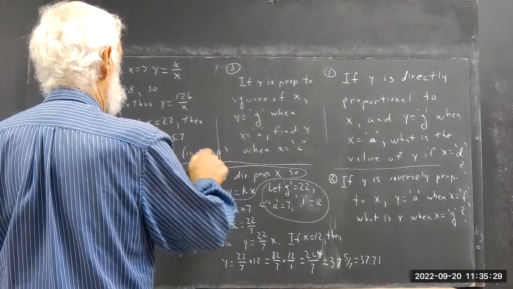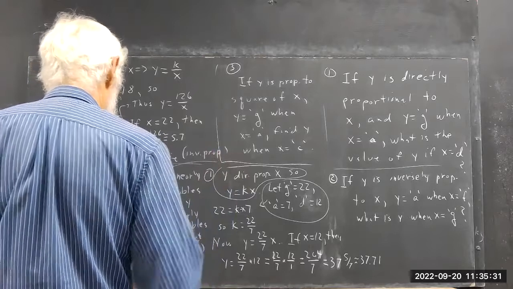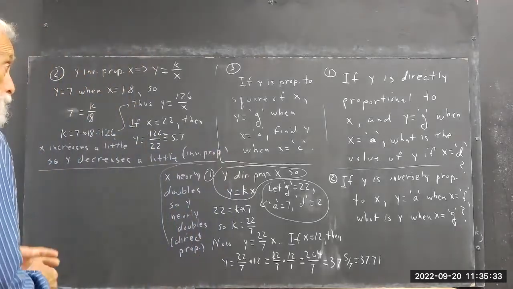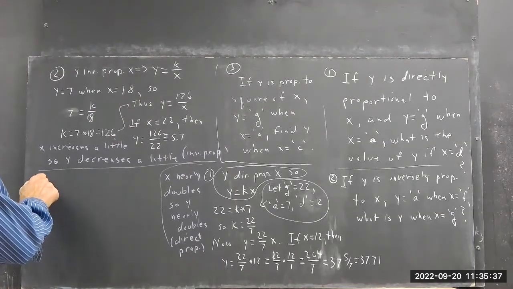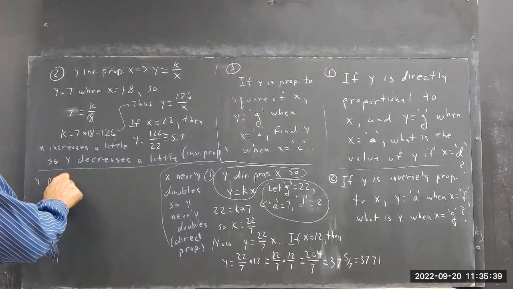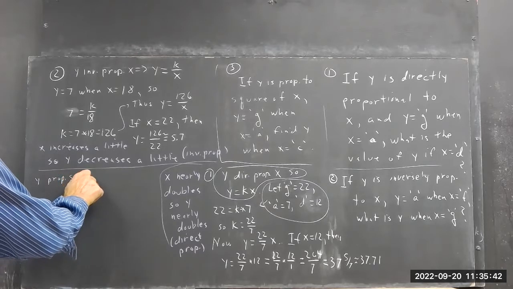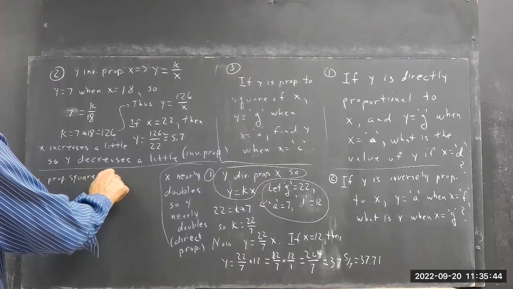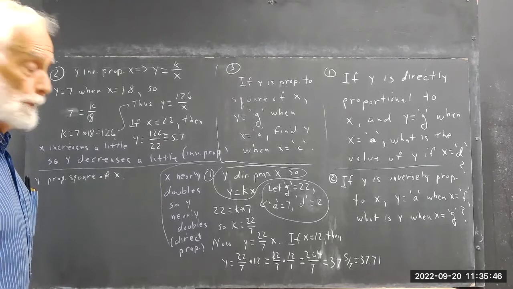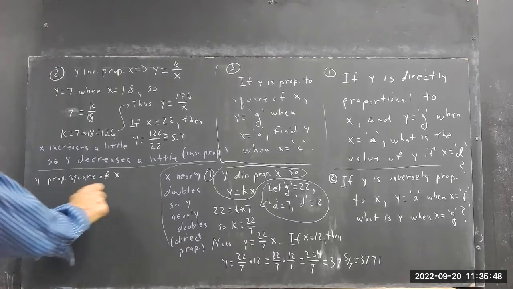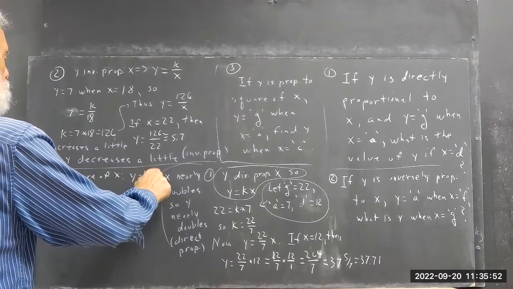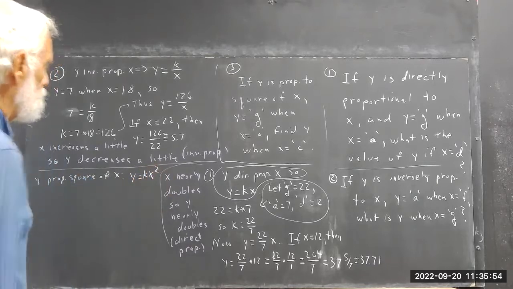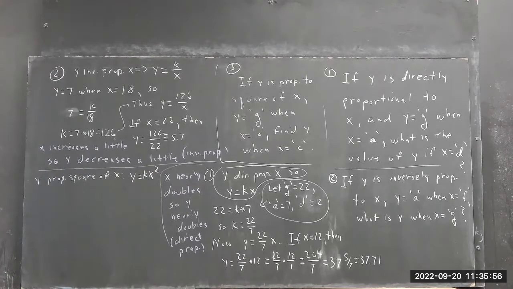Now let's look at the third problem. Probably don't have room to put this standard here. Okay, so what we have is Y is proportional to the square of X. So Y equals KX squared, not square root, right?